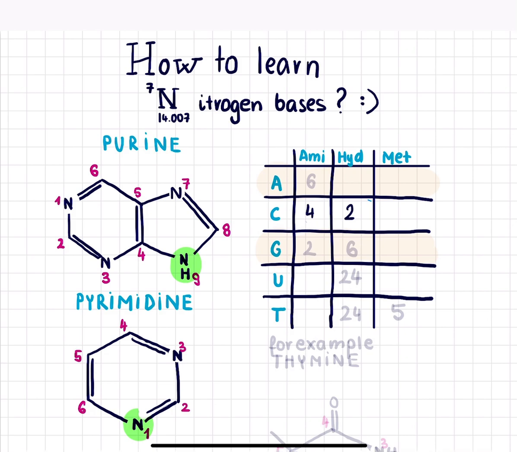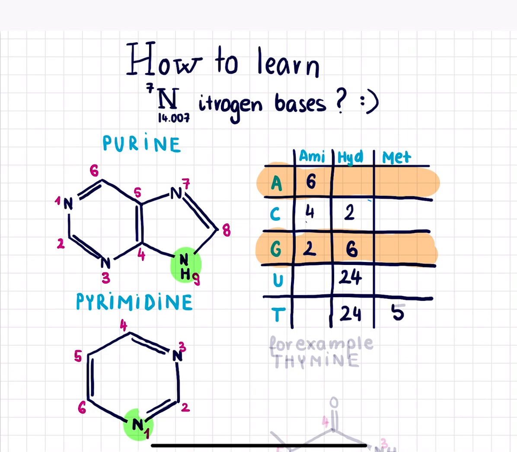So amino group, hydroxyl group, and methyl group. And I remember the numbers of carbon that this group attached to. So for A it will be 6, then C 4 2, G 2 6, U 2 4 in one bracket, and T 2 4 in one bracket, and 5.